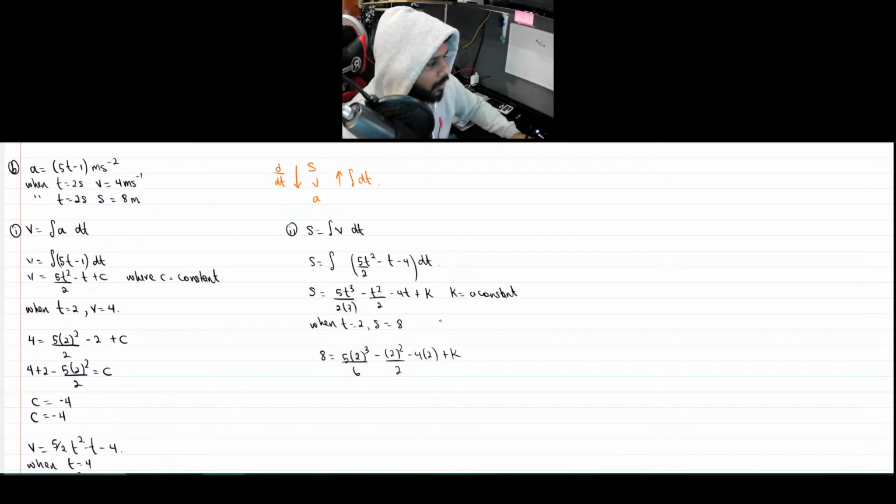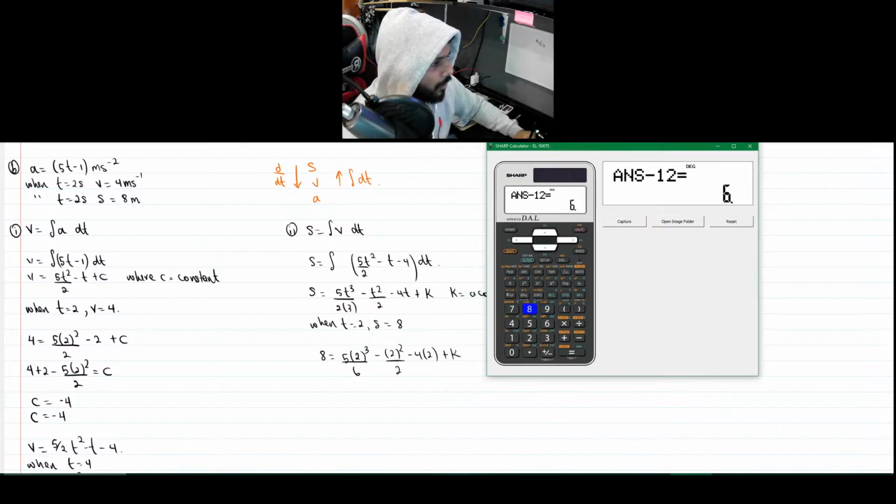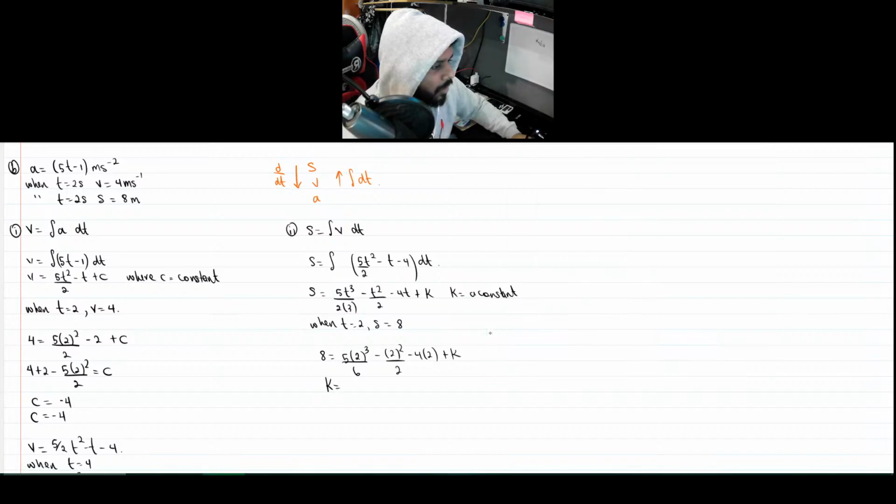Move everything across. I have 8 plus 8 plus 2 to the 4 over 2 is 2, take away 5 into 2 cubed over 6. 11 and a third. So k is 11 and a third.